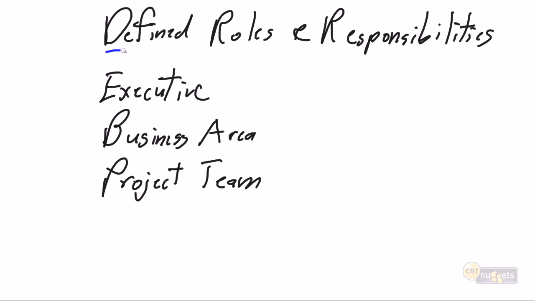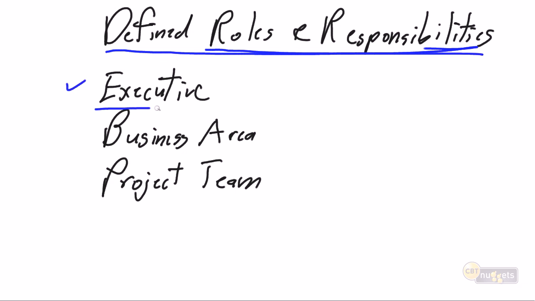So to kick off our Prince2 organization theme, we're going to review the defined roles and responsibilities that Prince2 defines. First, it identifies that we need to have the executive, the organizational executive. How high we go in terms of the organizational executive depends on the nature of your organization.